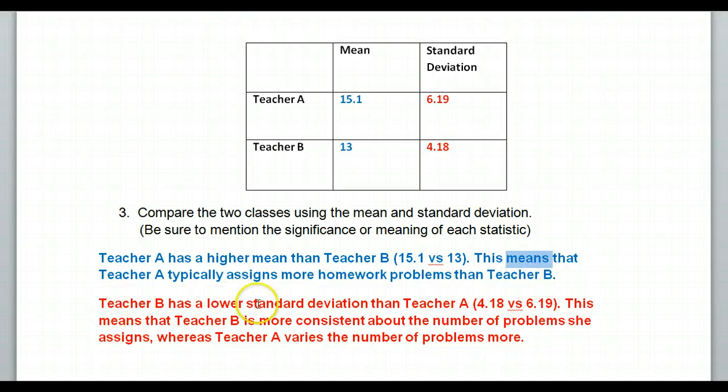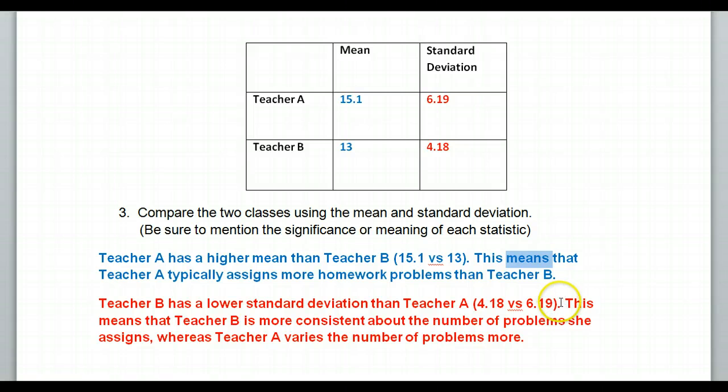Now, your second 2 sentences will pertain to the standard deviation. Again, the first sentence just states the facts. Who had a higher standard deviation and what were the numbers? Looking at it, teacher B has a lower standard deviation than teacher A, 4.18 versus 6.19. So that was your first sentence.